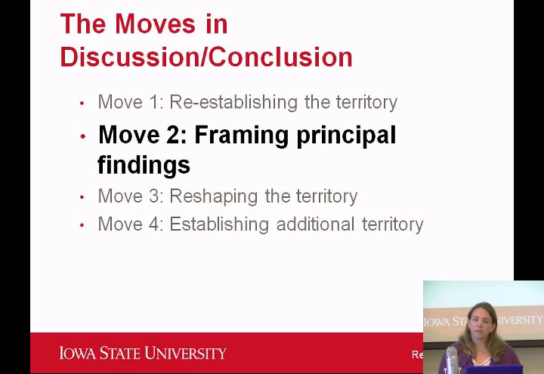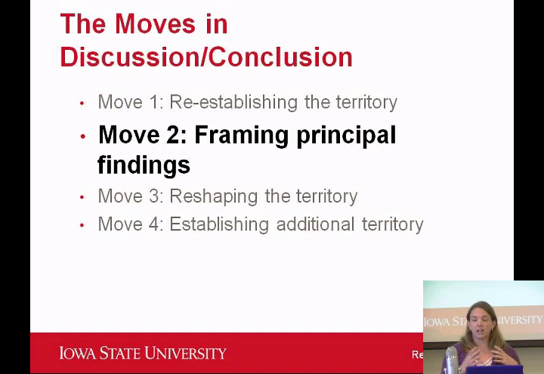Move 2, framing principal findings, is one of the most frequent moves in the discussion conclusion sections. And this move is quite characteristic of the writing in discussion sections and also the combined discussion conclusion sections. But it may or may not occur in a completely separate conclusion section.